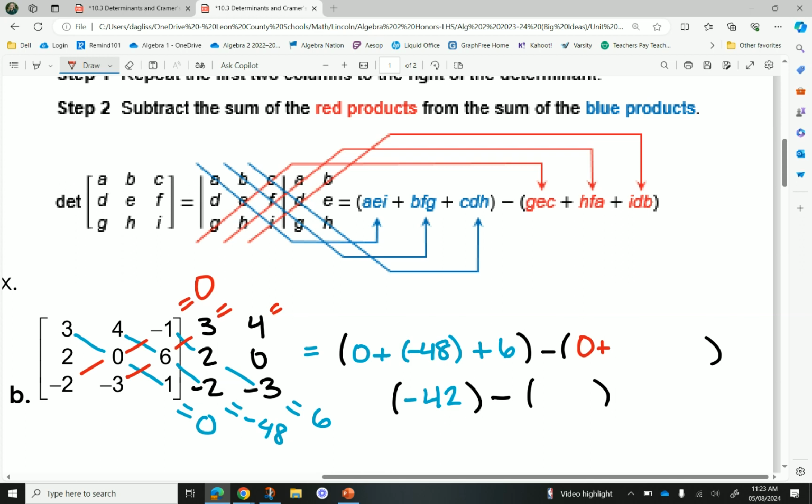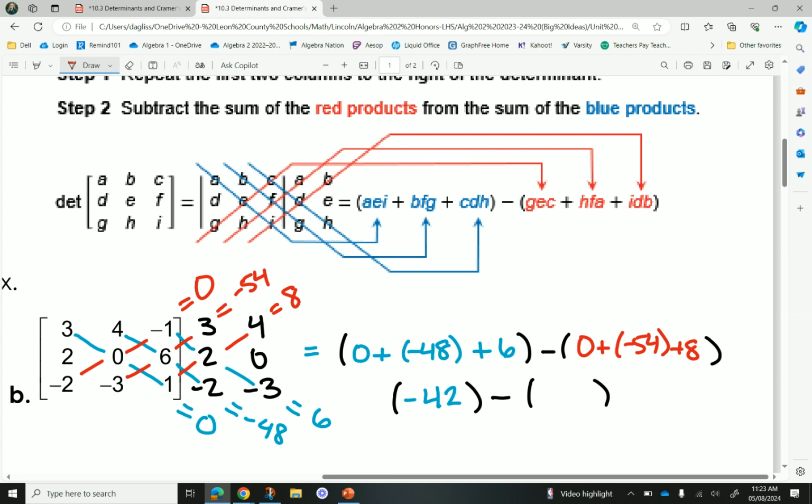Negative 54. And then 1 times 2 times 4. 8. Okay, so my upwards are 0, negative 54, and 8.